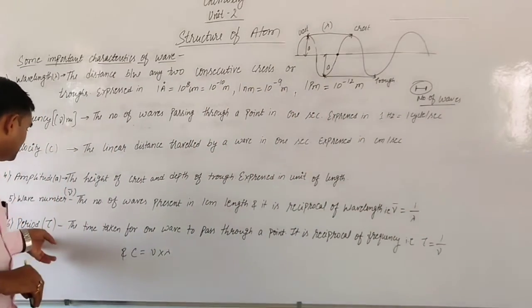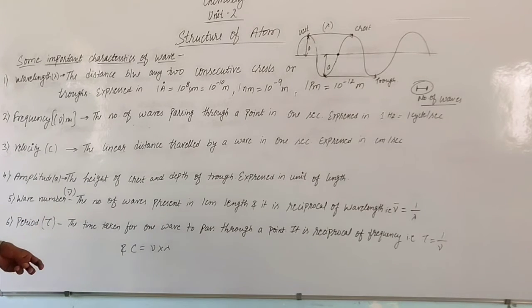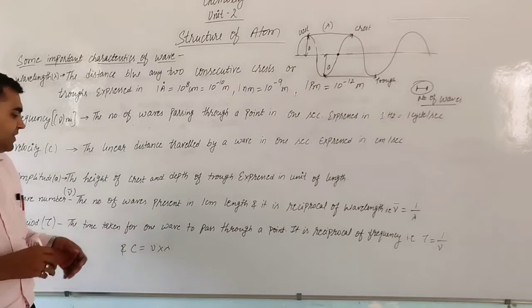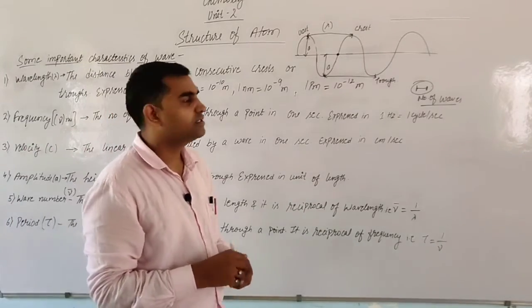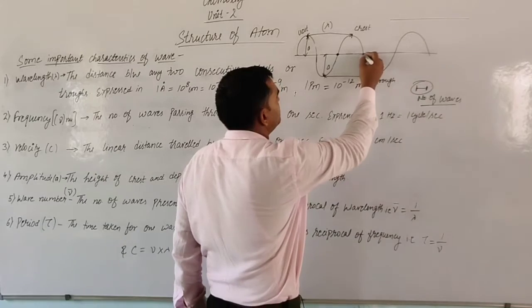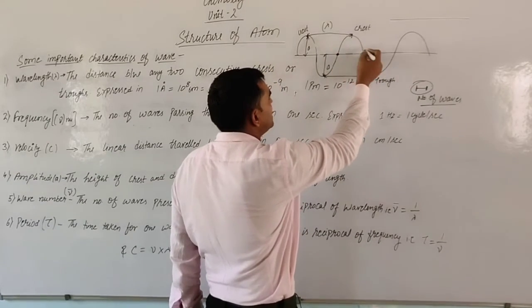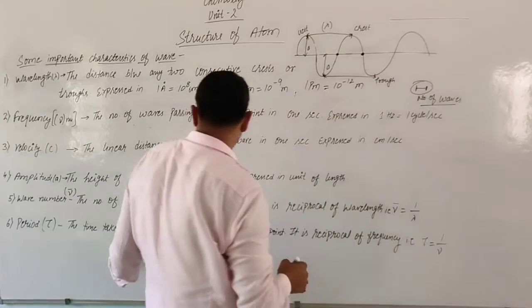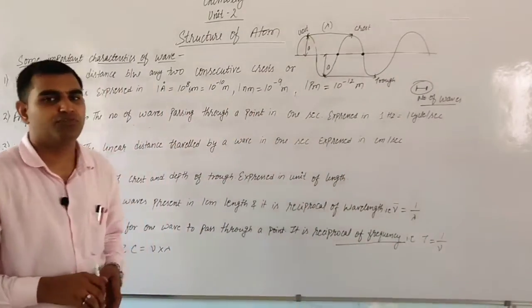And last is period. This is not given in certain books, but it is also important, and some questions are on period. Period is the time taken for one wave to pass through a point. Consider this is one point; the total time taken by one wave to pass through this point is known as period, and it is the reciprocal of frequency.